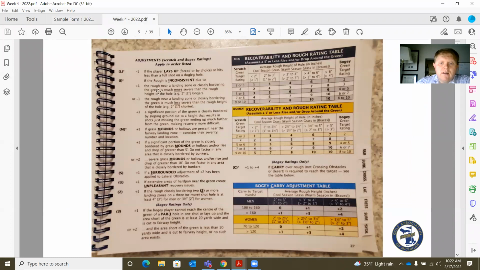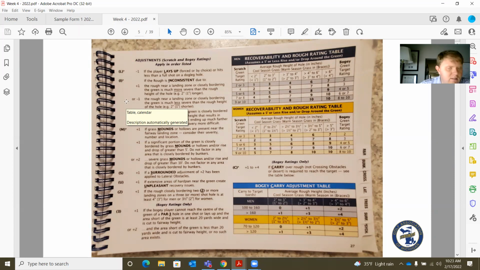All right, so the next adjustment here is our I adjustment, or the inconsistent. So there's a couple scenarios here. The first one is if the rough near a landing zone or closely bordering the green is much more severe than the rough height of the hole. It gives an example of something that's 2 inches longer.